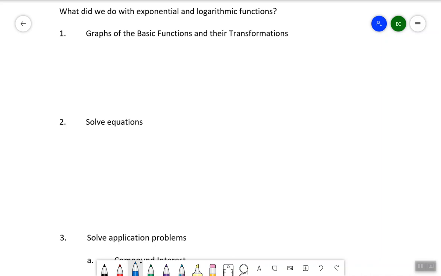So what are the basic functions we're talking about? We have three of them. We have y equals a to the x, where the base a is greater than 1, and we call that exponential growth.